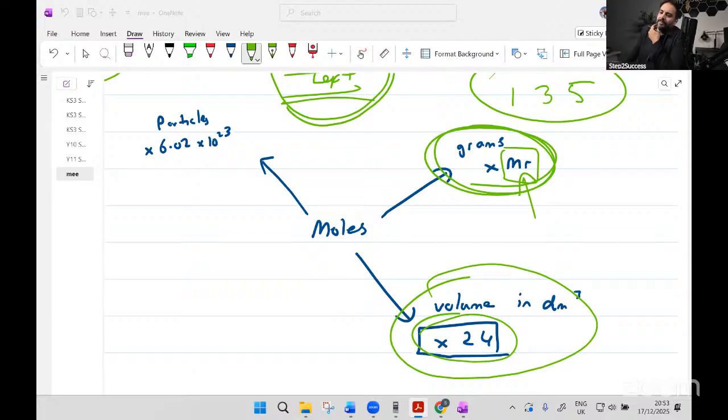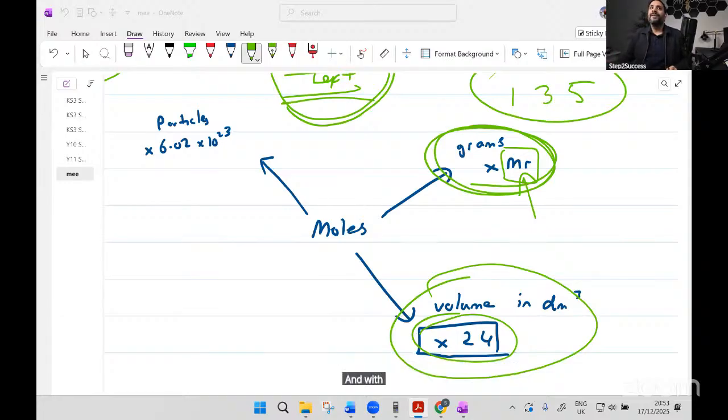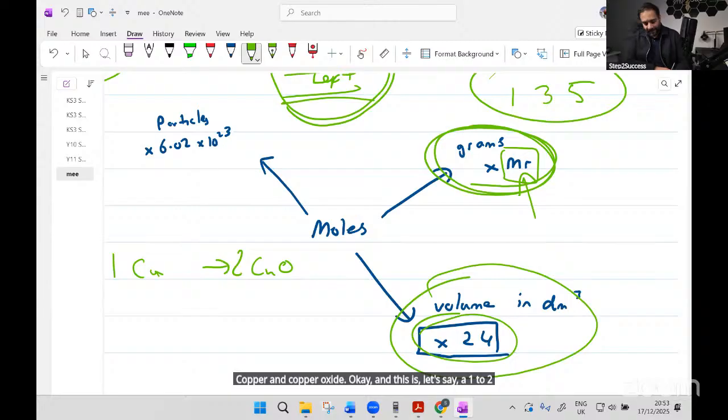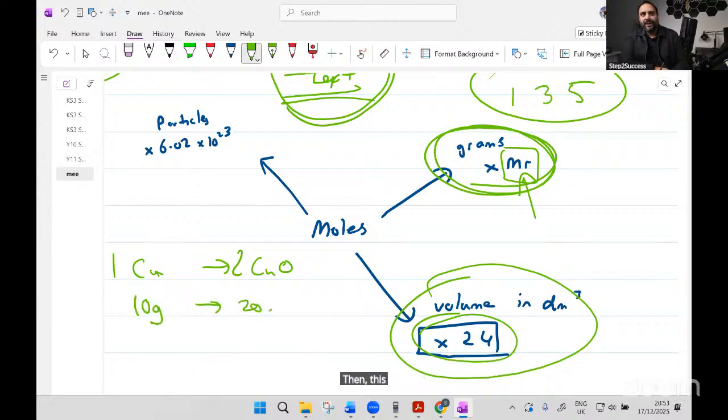In all of the questions, you did moles first. Yes, but that's because we were working with grams in all of those other questions. And with grams, if I've got copper and copper oxide, and let's say this is a 1 to 2 ratio, and I've got 10 grams here, then this is not 20 grams just because of that 1 to 2 ratio.